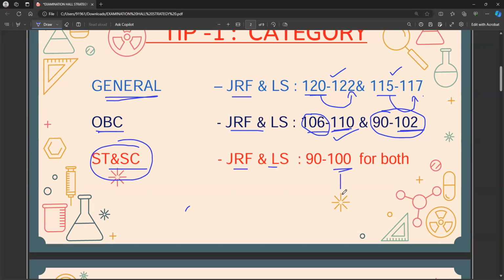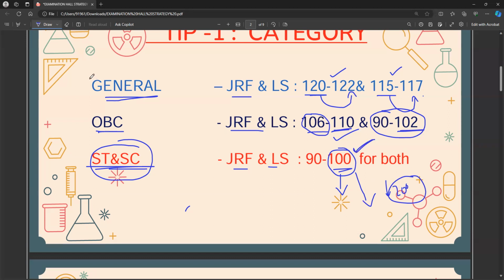If you get 100 marks out of 200, I have not given the minimum or the maximum for both categories, but keep in mind that you have to get 100 marks. If you get 100 marks, trust me, your rank will be below 200 in India, and you can qualify for sure. That's why don't keep the target of 80 or 85 marks. Directly keep the target of 100 marks.